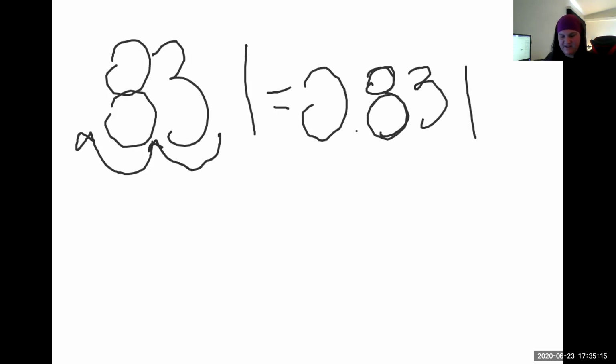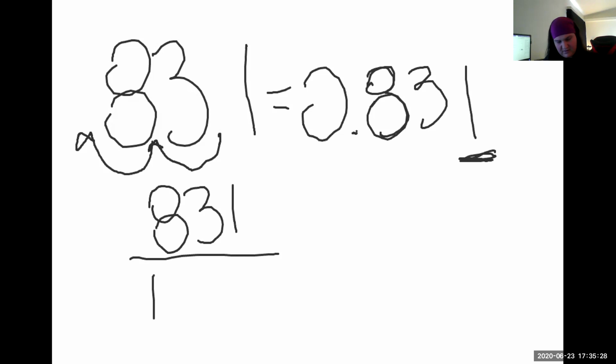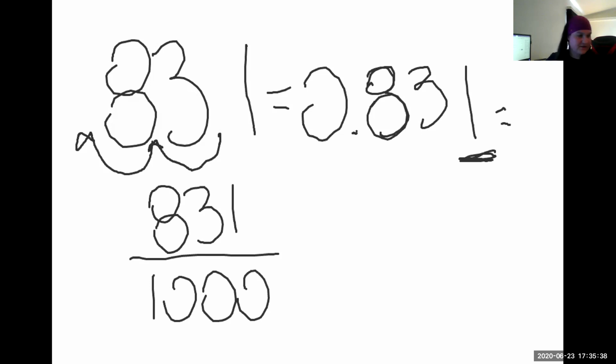Well, we're changing the decimal to a fraction. So remember, we have to go to that last place. That's the thousandths. So we have 831 over 1,000. So let's look at our answers. Well, there it is. Answer A, 831 over 1,000, is the correct answer.